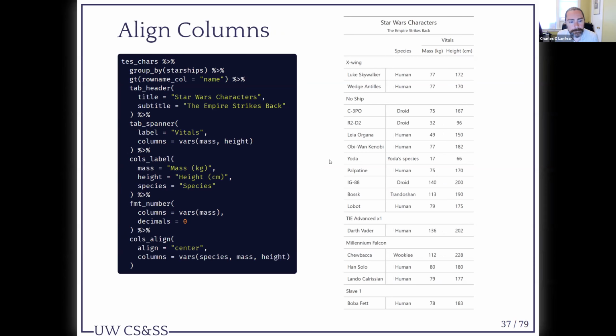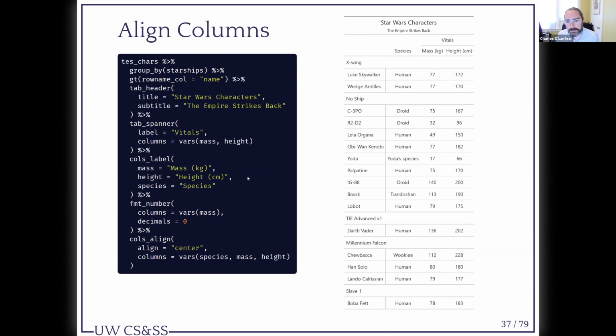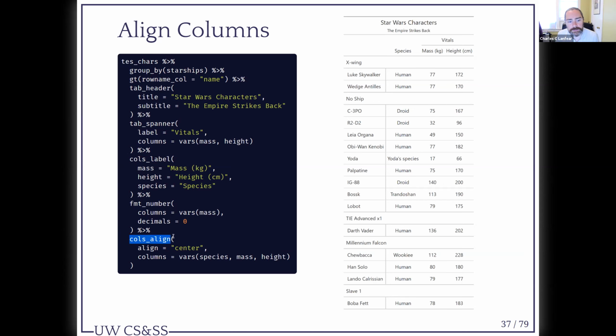Next, what I can do is, if I look at this table, we have species left aligned here. Mass almost kind of looks right aligned. This one looks center aligned. I want to fix my alignments. So I can say here, let's align some columns. So columns align them to be center aligned, specifically these variables, species, mass, and height.